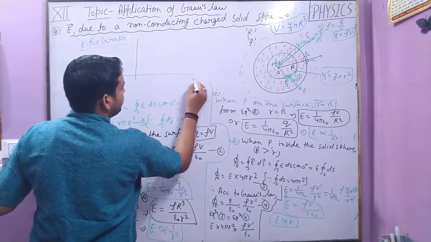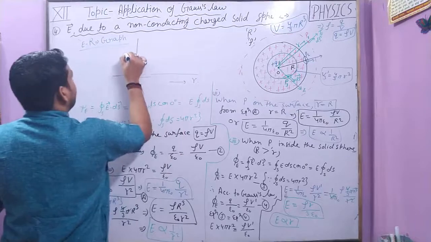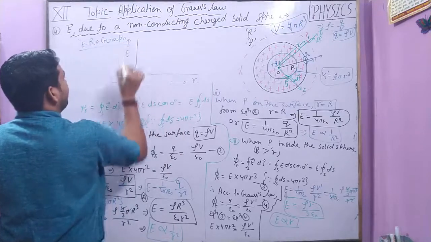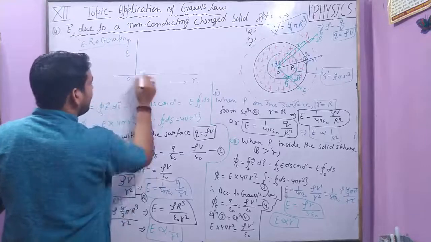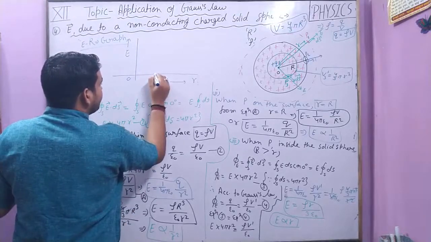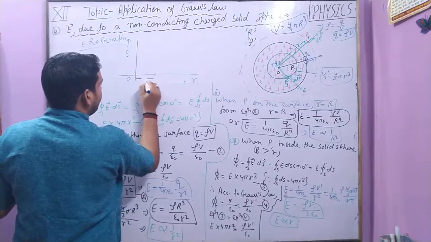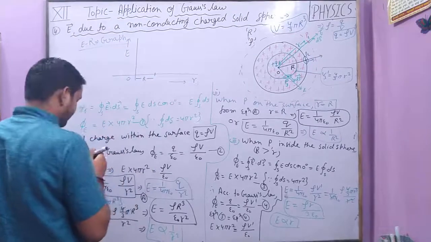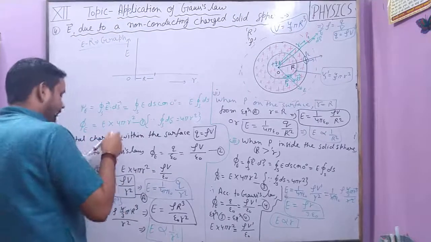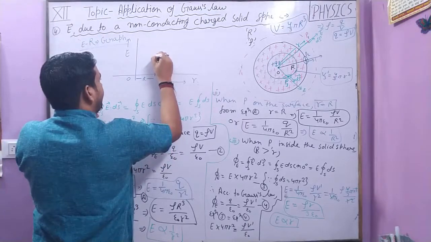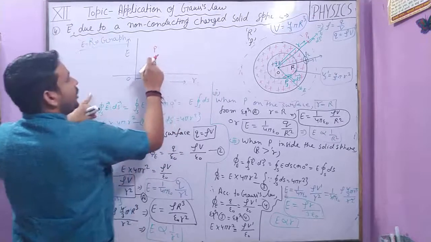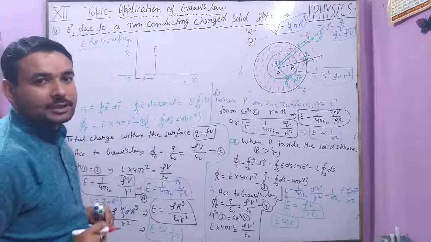This is radius or distance. This is the value of electric field. This is center O. Now, let's say this is the radius of the sphere. This is a point on the surface of the sphere.